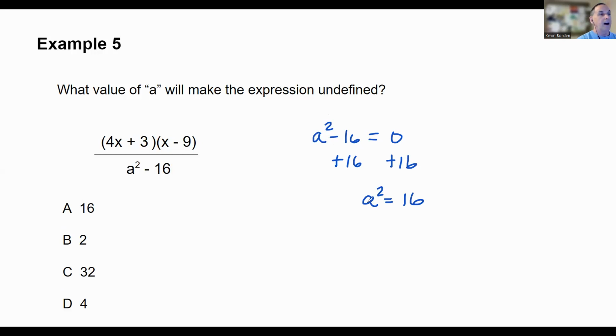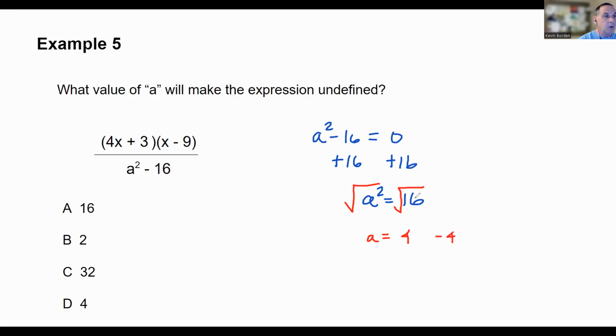Now, how do we find out what a is when we know that a squared is equal to 16? Well, we can take the square root of both sides. And that will give us a is equal to 4, but it could also be equal to -4.